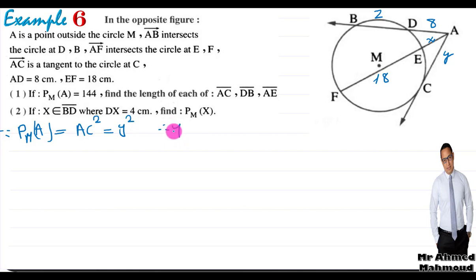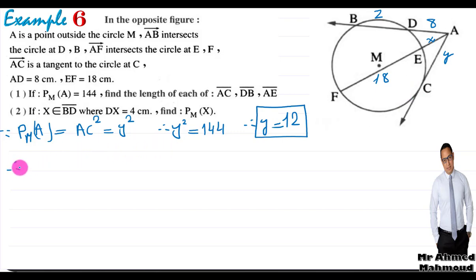Therefore Y to the power of 2 equals 144. Therefore Y equals root 144 equals 12 centimeters. So AC equals 12 centimeters.